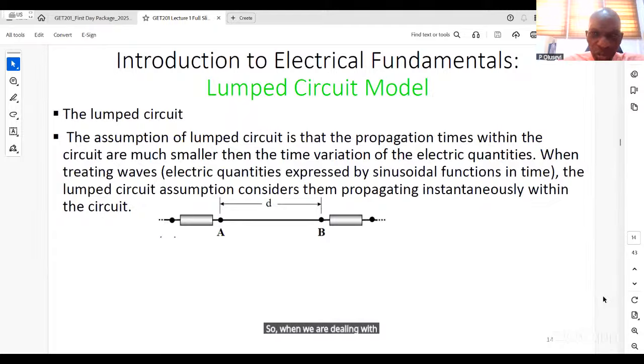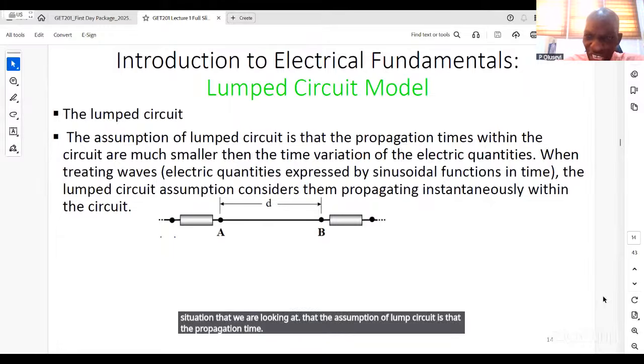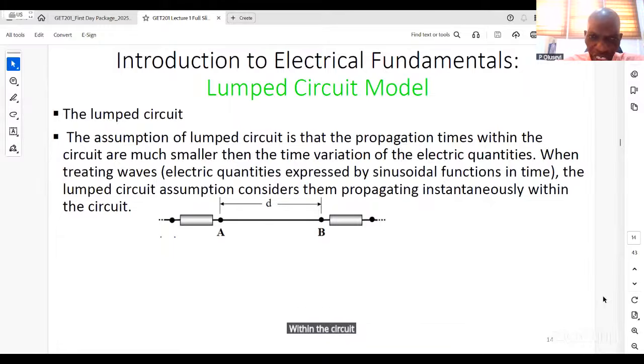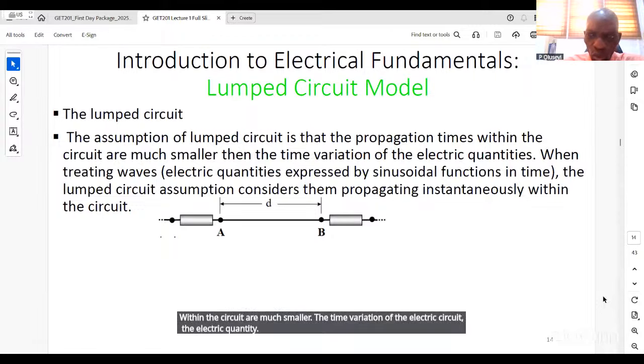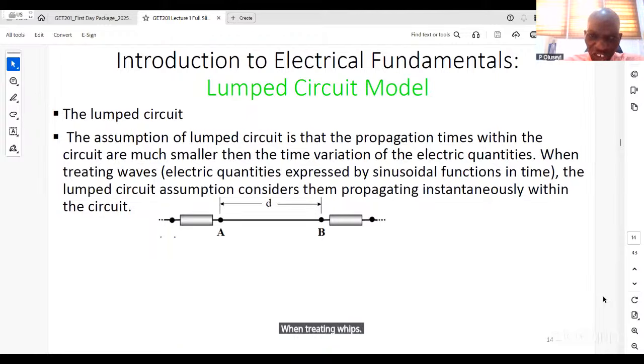When dealing with the lumped circuit model, the assumption is that the propagation time within the circuit is much smaller than the time variation of the electric quantity when treating waves. The lumped circuit assumption considers them as propagating instantaneously within the circuit. So we have this as a lumped circuit.